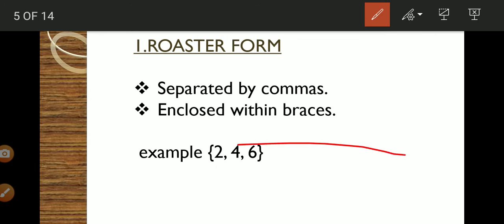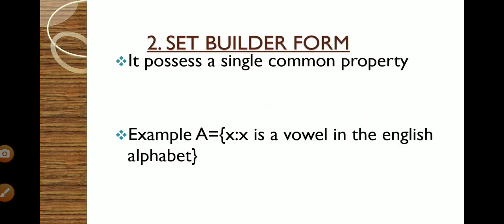Next, let's move on to the set builder form.